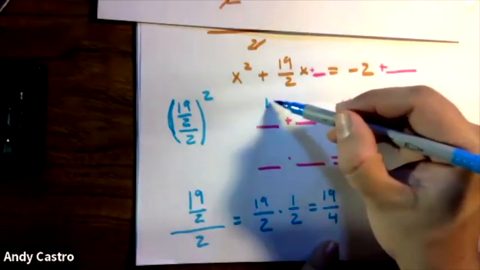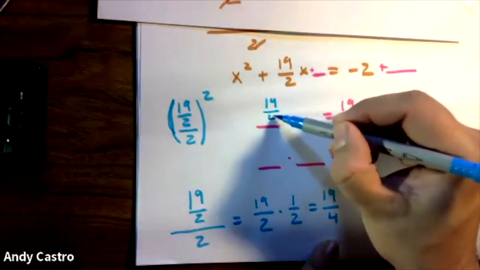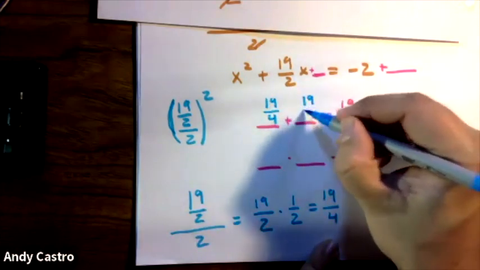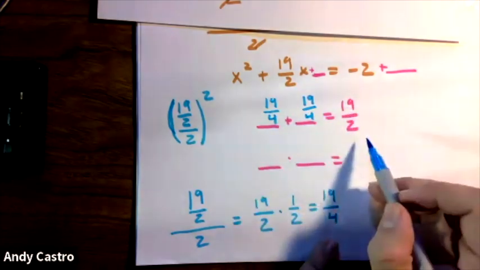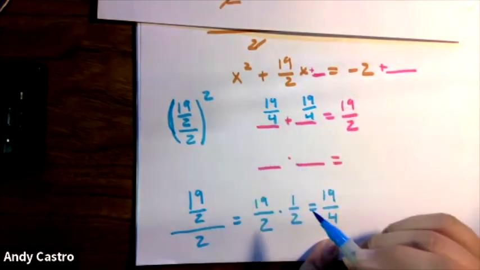So those are the two things that I can add together that will give me 19 over 2. Well, how does it give you 19 over 2?